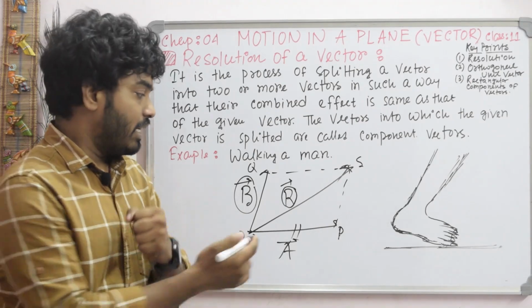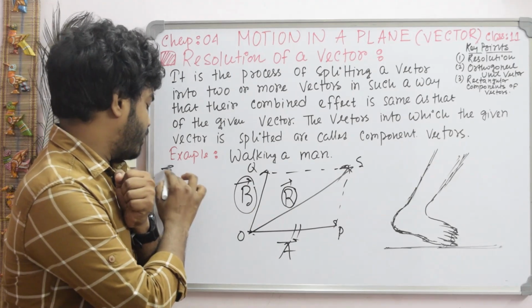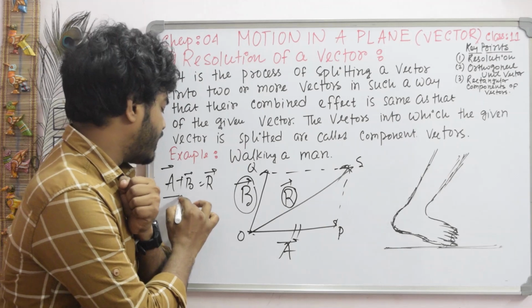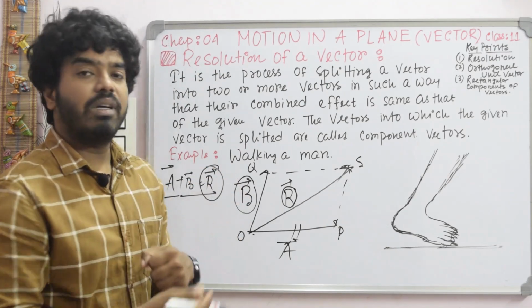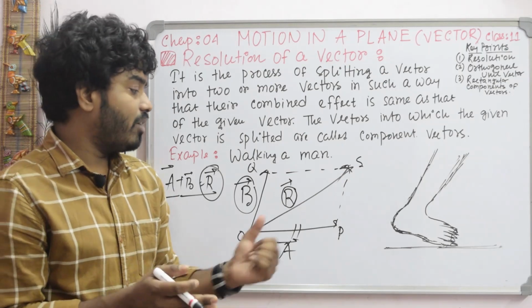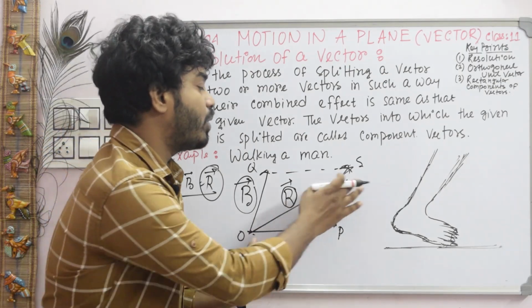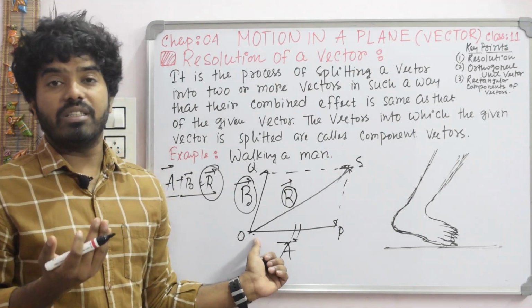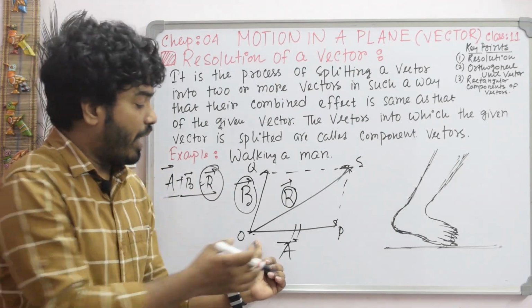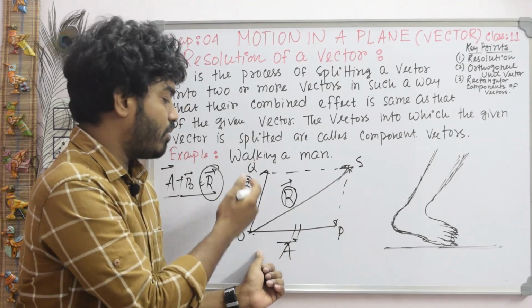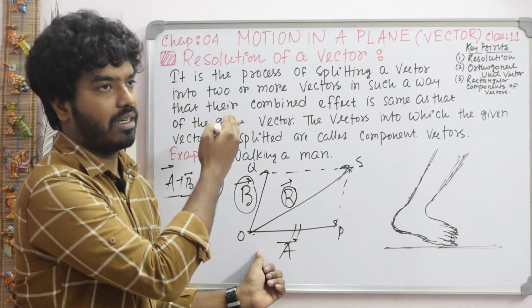If I say vector A plus vector B, this represents the addition. A plus B gives the resultant vector, which is named as R. But suppose I am considering a vector which is represented by OS, that is R. Now here R is splitted into 2 vectors. One is A, which is along x axis, and another one is B. You just consider this as y axis.